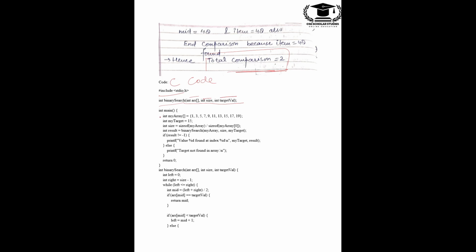Here is the main function. Here we take one array, a target value, and calculate the size of the array. If the result is not equal to -1, then we found the target. This is the basic C code for this algorithm, and this is the logic of the binary search algorithm.